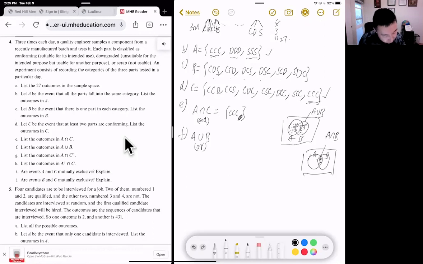So A or B contains outcomes that are either in A or B or in both. That is easy. We just put everything in A and in B in that space, but do not repeat.